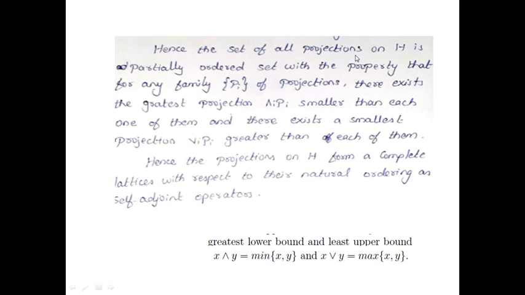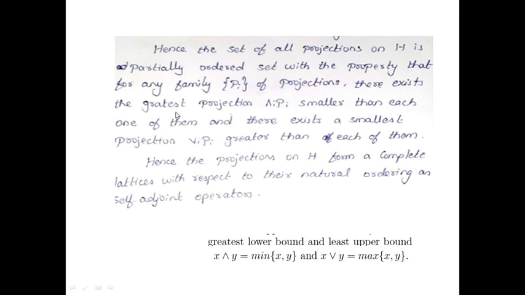Hence, the set of all projections on H is a partially ordered set with the property that for the family Pi of projections, there exists a greatest projection, meet of Pi, smaller than each one of them. The greatest lower bound is the minimum.